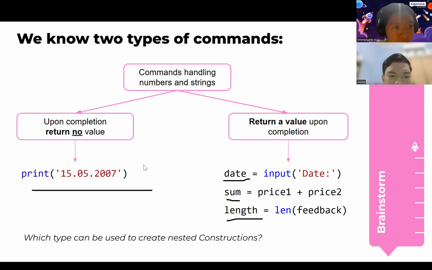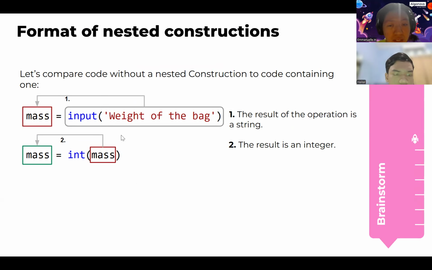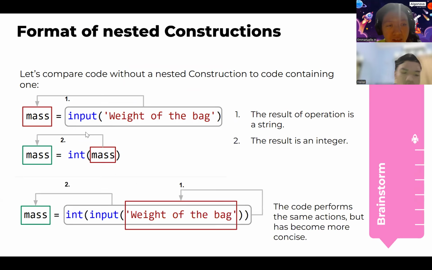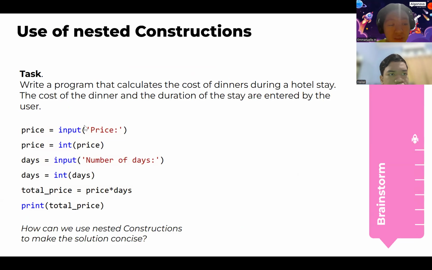So for example, this one we have two lines. Input goes first and then integer. The one that goes first should be inside, and the later one should be outside. So this is how to shorten the code in Python. So for example, this one, which one can be shortened?